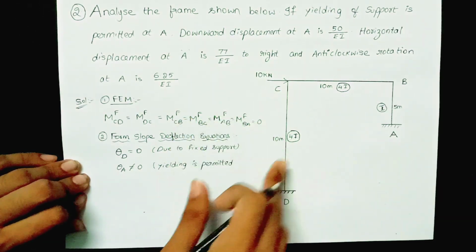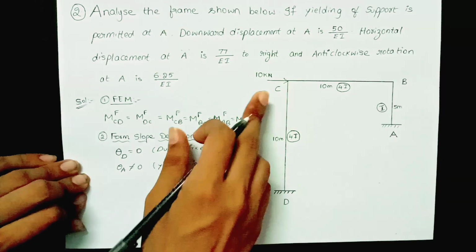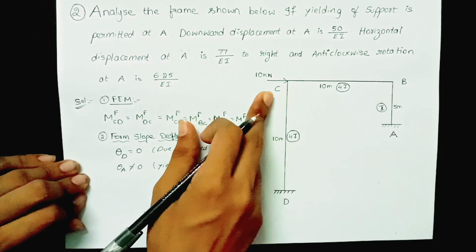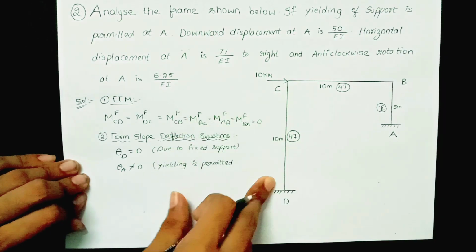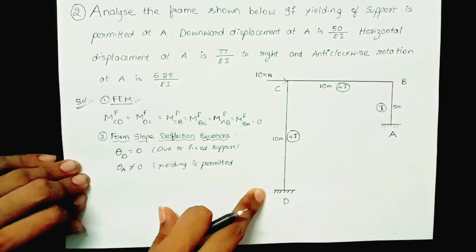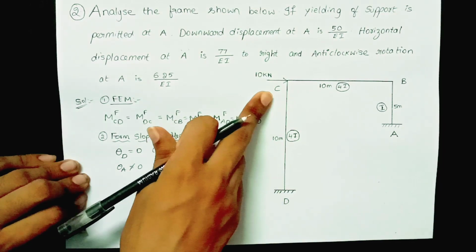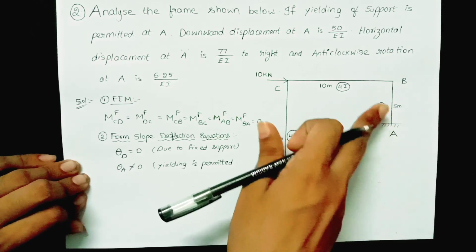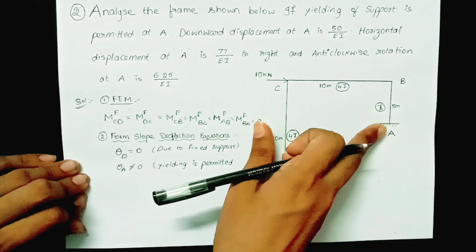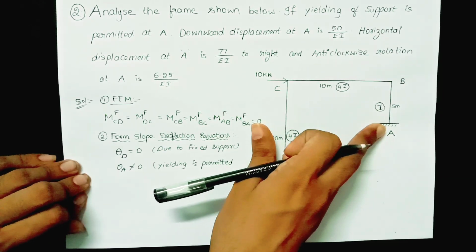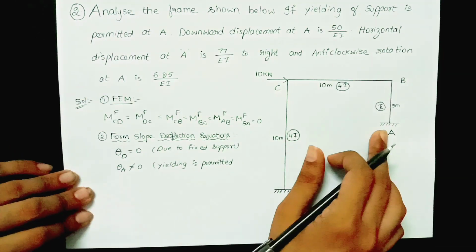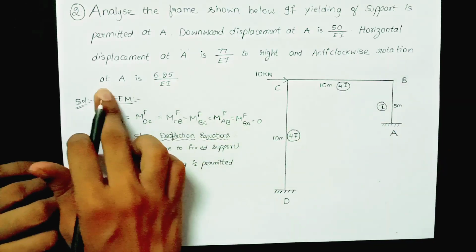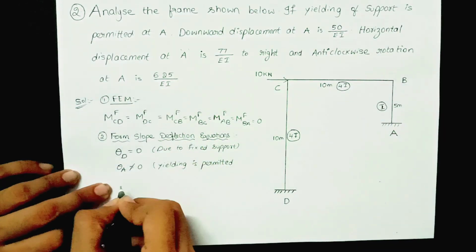Now identify the column members in the frame. CD and AB are the column members. For member CD, I am considering D as the left support and C as the right support. Similarly, in member AB, I am taking B as the left support and A as the right support, just for convenience. Now, at support A, first we take the anti-clockwise rotation.